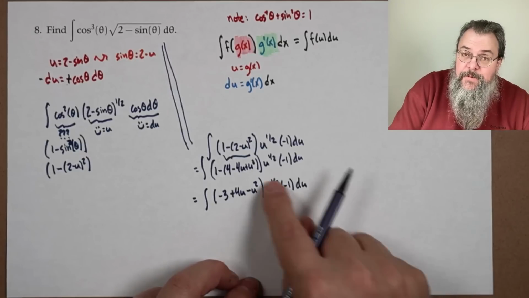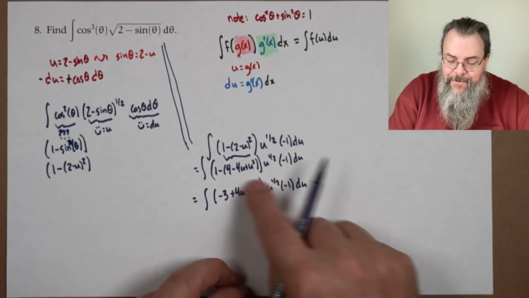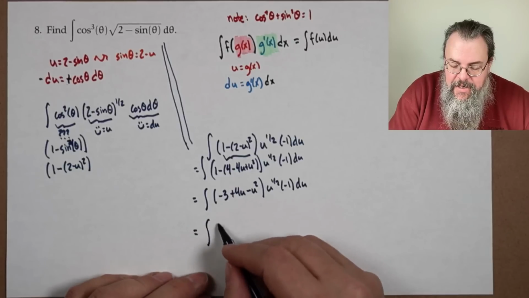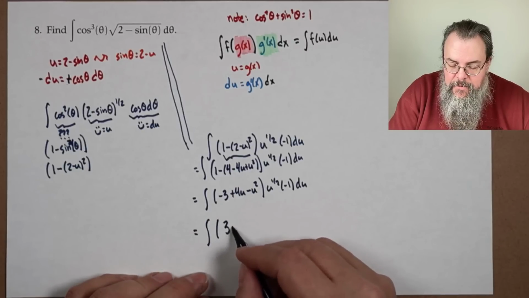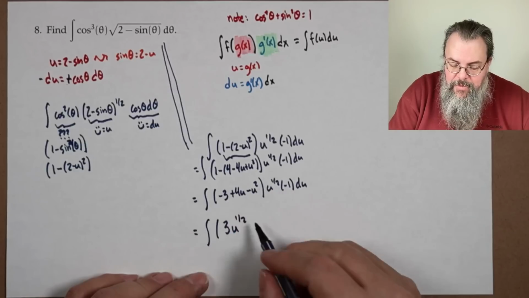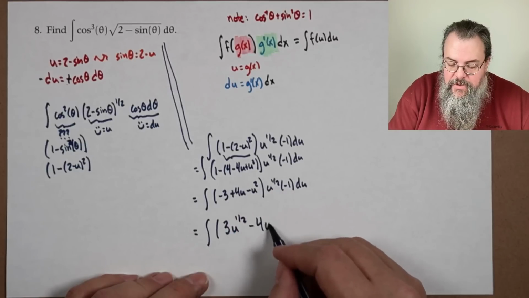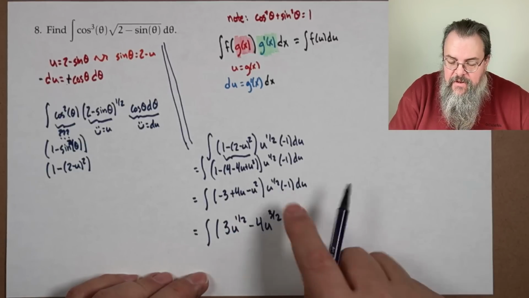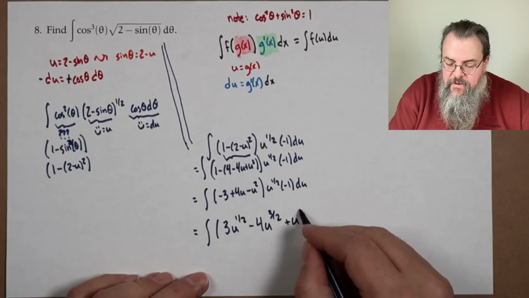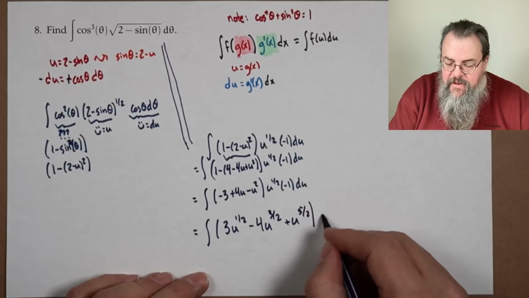Now let's multiply the minus u to the 1/2 through. So this becomes the integral of 3 u to the 1/2, positive 3, minus 4 u to the 3/2, and then plus u to the 5/2.